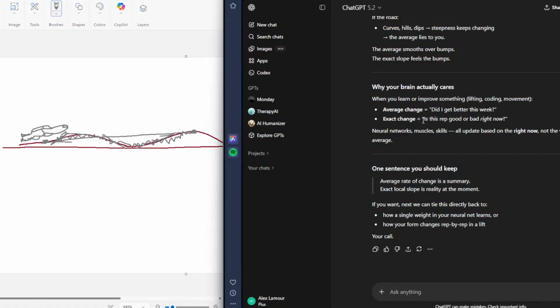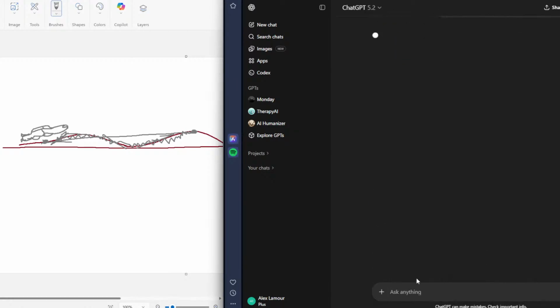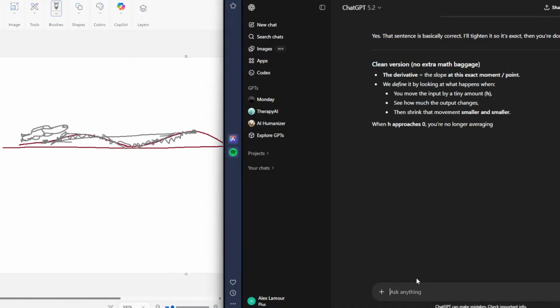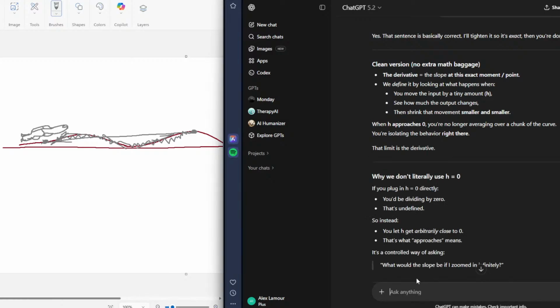So the derivative is the slope at this moment, which is found when h approaches 0. The slope at this, I see.